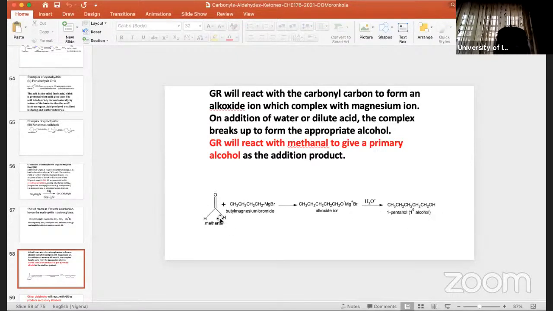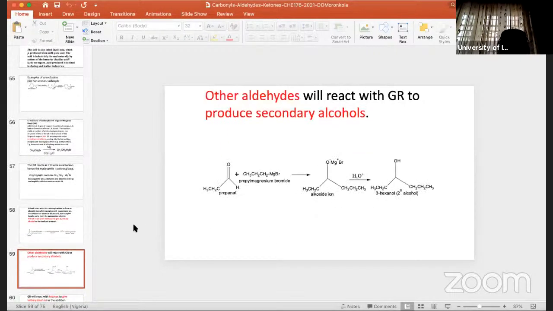In this case, we started with butyl magnesium bromide on the methanal, and of course, it first forms the alkoxide, I should have said that. Then finally on hydrolysis, it's a two-step reaction, we give that primary alcohol, which is 1-pentanol in there, and you can see an additional carbon from our Grignard reagent over here. Now, any other aldehyde will react with a Grignard reagent to produce a secondary alcohol. Take cognizance of that.